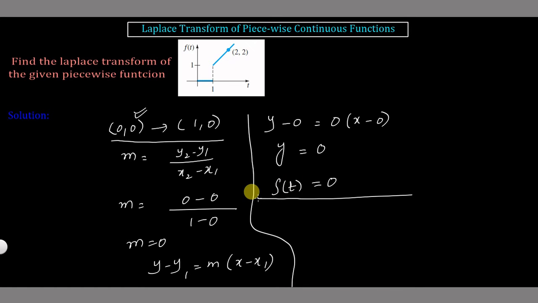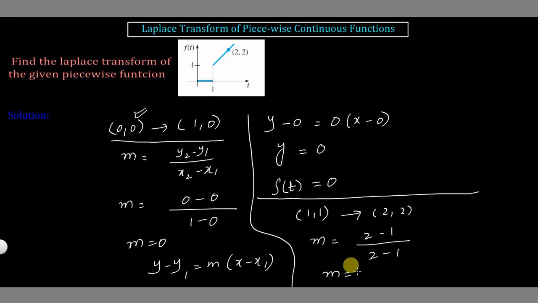For the other function, we have 2 points: (1, 1) and the second point (2, 2). If we take these 2 points and want to find the equation of the straight line, first we find the gradient according to the same formula, y2 minus y1 over x2 minus x1.